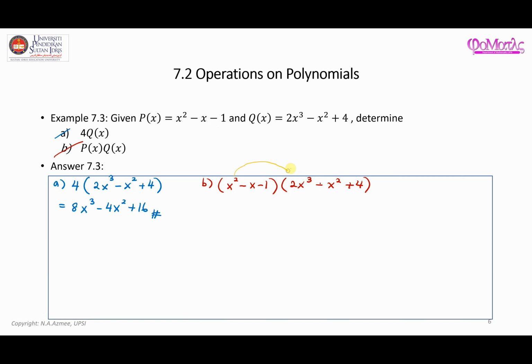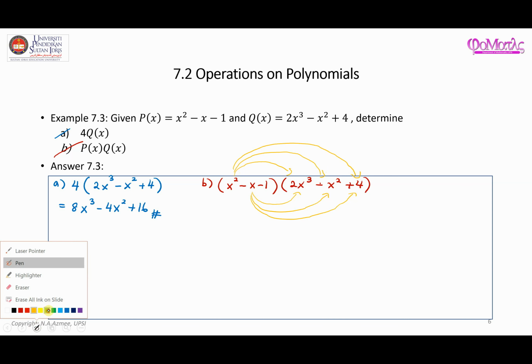For example, this one you multiply with that, and then continue with this one and the final term, and similarly for each of the other terms. You're going to multiply with each possible term that you have here.